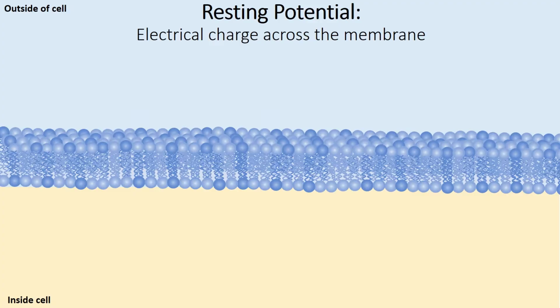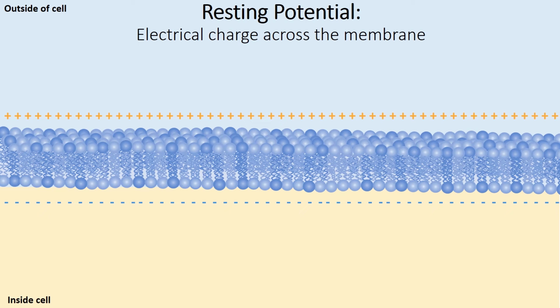Much like other cells, it also has a charge across the membrane. In the case of neurons, they have a very strong electrical charge, with positively charged ions predominantly found on the outside of the cell and negatively charged ions on the inside of the cell.